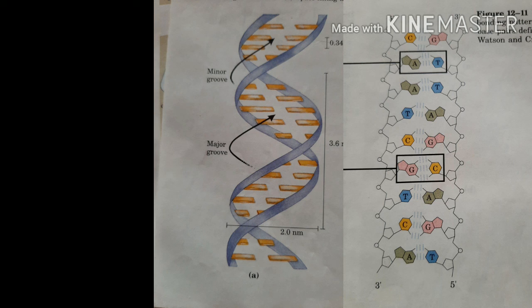And now let us know that the double hydrogen bond is formed between adenine and thymine, and the triple hydrogen bond is formed between guanine and cytosine.